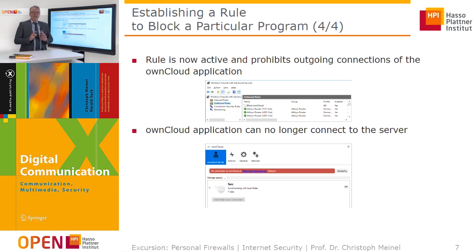So you see also it's quite difficult to define such firewall rules. With this Windows Firewall, Microsoft found a way to even help non-experts to define their rules. For example, this example we discussed, to prohibit outgoing connections of programs.